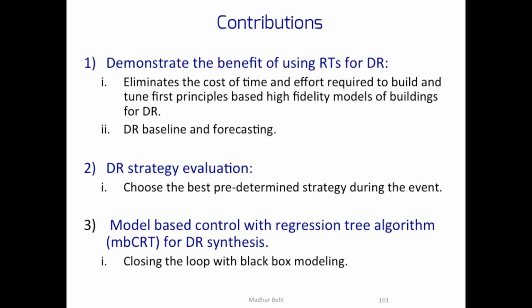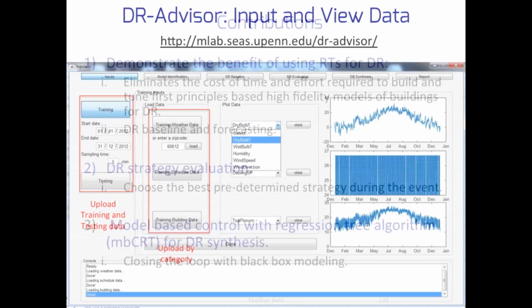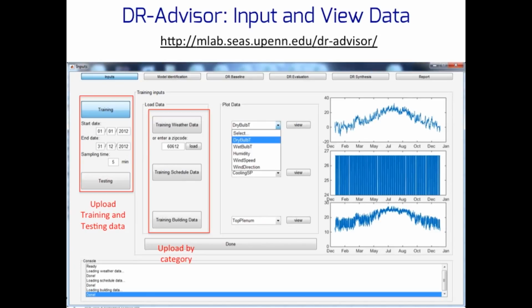I've also shown a method by which you can use DR Advisor-like tools to do strategy evaluation and choose the best predetermined strategy during the event out of existing strategies. And lastly, I presented a model-based control with regression tree algorithm that can be used for closing the loop with black box modeling. DR Advisor has also been developed into an actual tool, which is available at this URL.